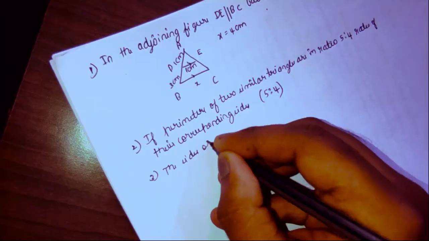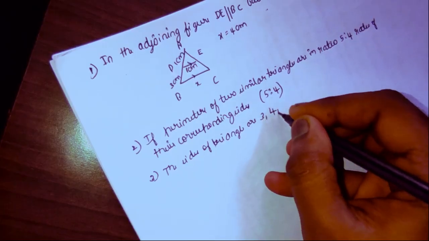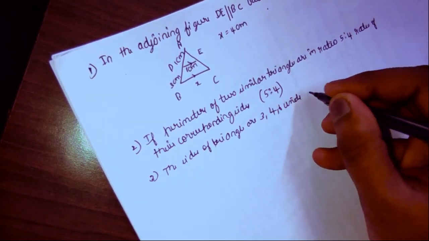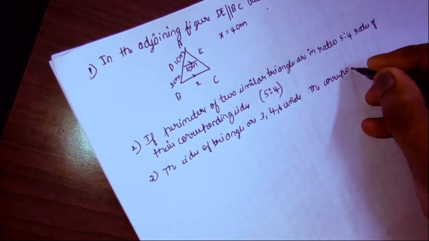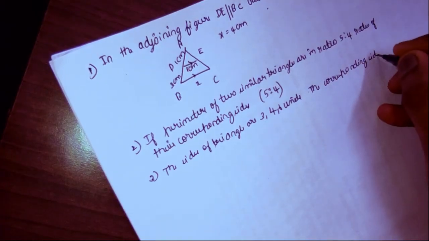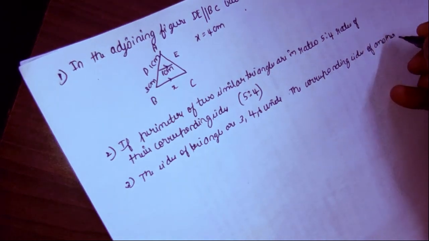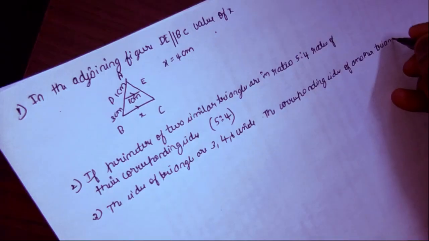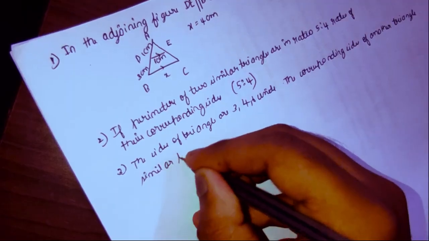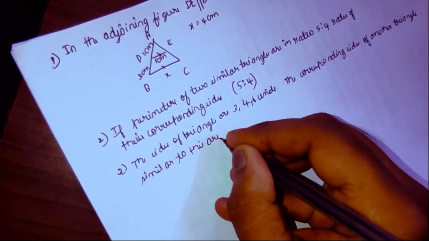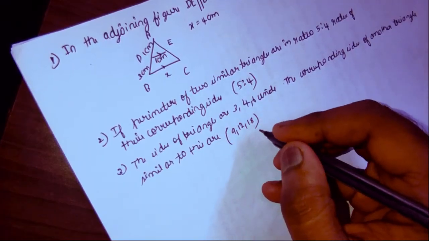The sides of a triangle are 3, 4, 6 units. The corresponding sides of another triangle similar to this are. The answer is 9, 12, 18.